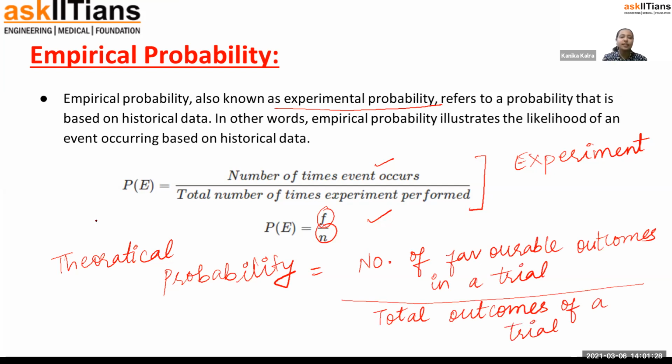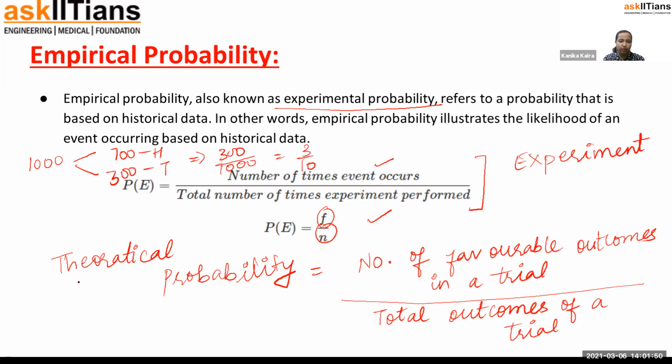Let's understand this in detail. If I talk about tossing a coin 1000 times, out of which 700 are heads and 300 are tails, then the experimental probability of getting a tail would be equal to 300 over 1000, that's 3 over 10.